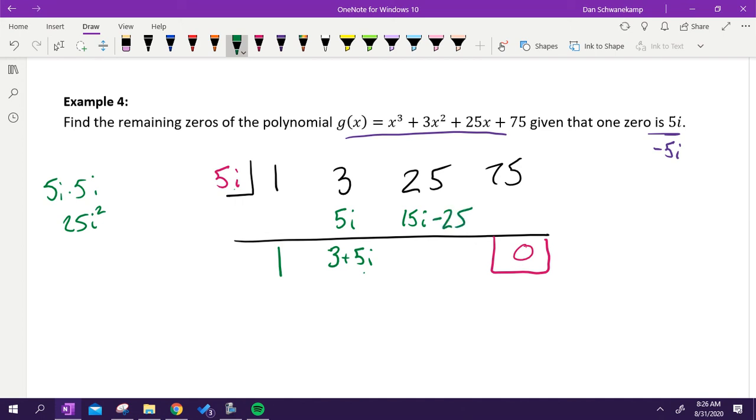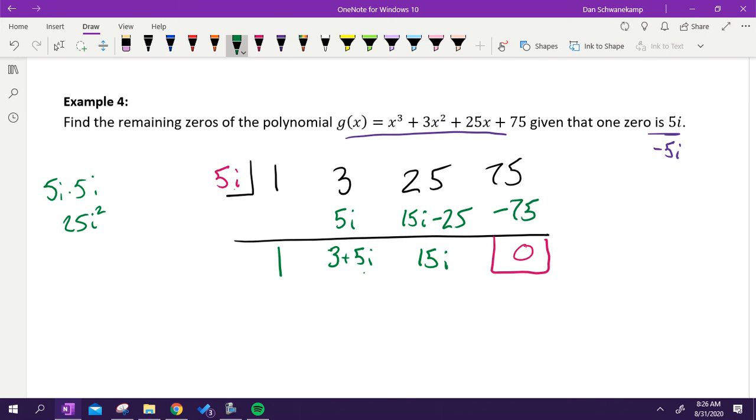Minus 25, because i squared is going to make it -1. I'm going to combine like terms. So I can combine the 25 and the -25. Those two things are going to cancel. That gets me 15i. And then in the end, I've got 5i times 15i. That'd be 75i squared, or in other words, negative 75. It got me 0 like I wanted.